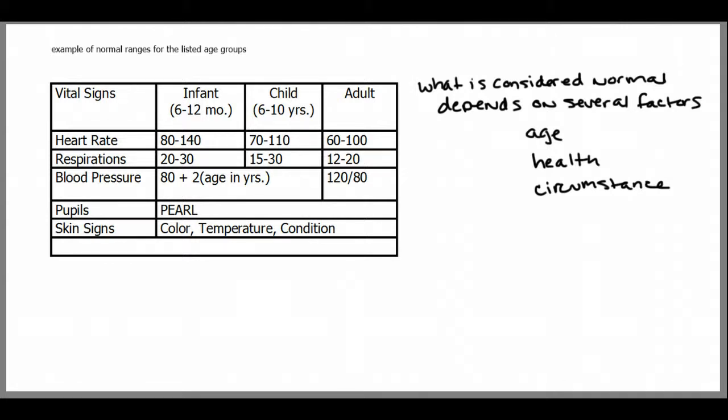So, for example, a person that is an athlete may have a lower blood pressure than a person who has coronary artery disease. A person who just got finished exercising is going to have a higher heart rate than somebody who has just been relaxing watching TV. So keep these factors in mind when assessing vital signs.